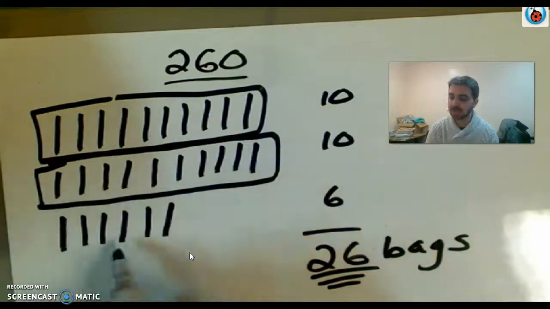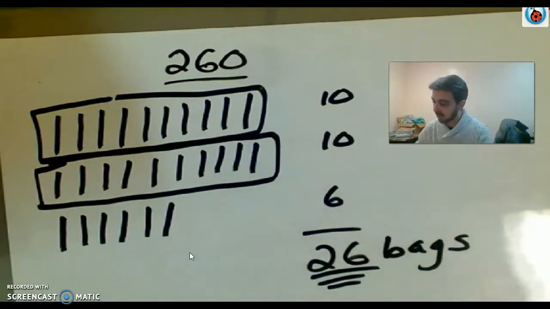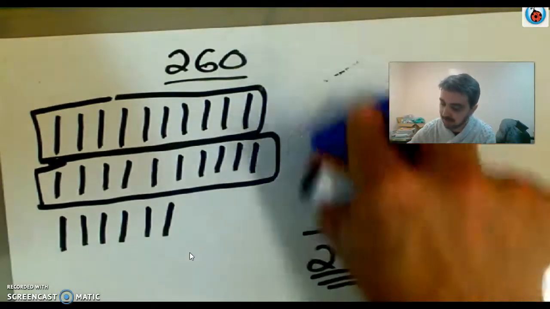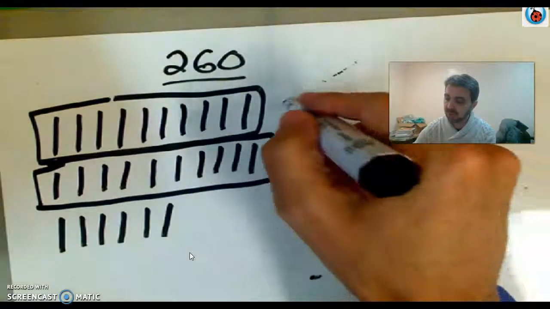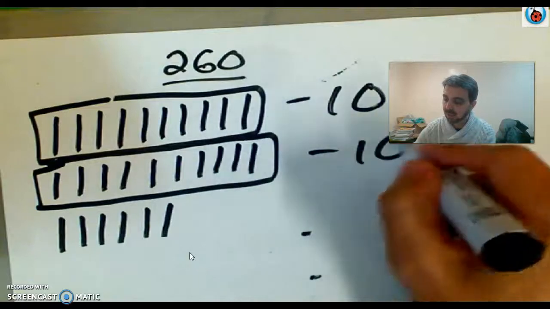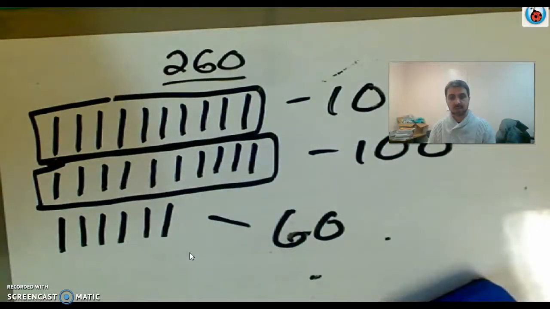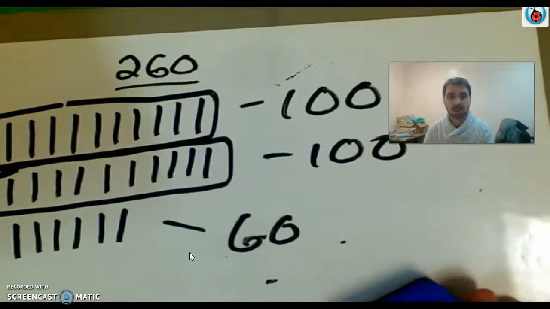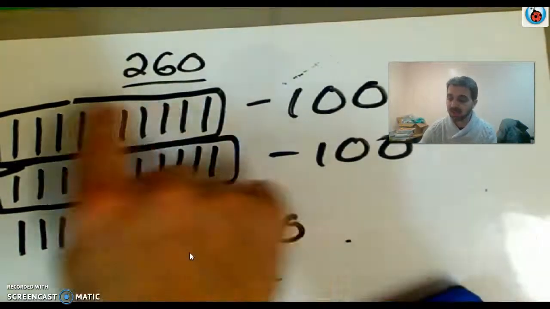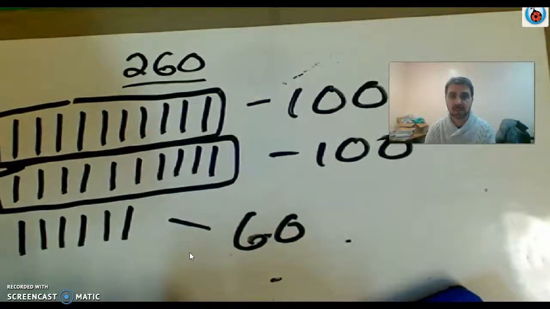That's 260, right? So let's not make it confusing. I have 100 in this tin, I have 100 here, and here I have 60. That gives me 260 total pieces of candy, and I could fill up 2 tins. Each tin has 10 bags, which means there's 100 in each.